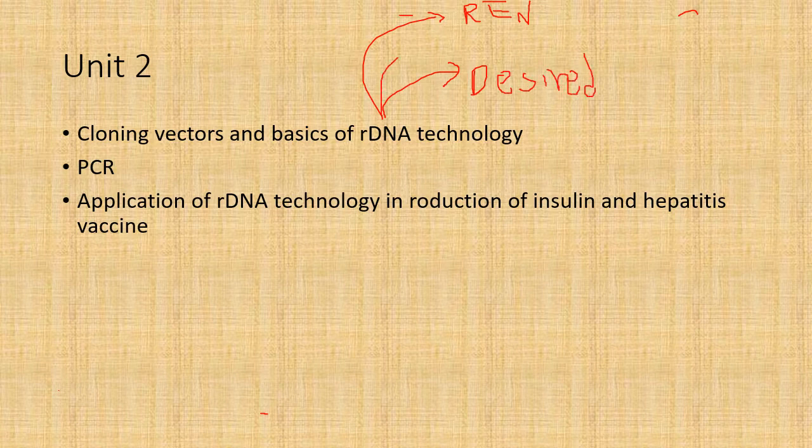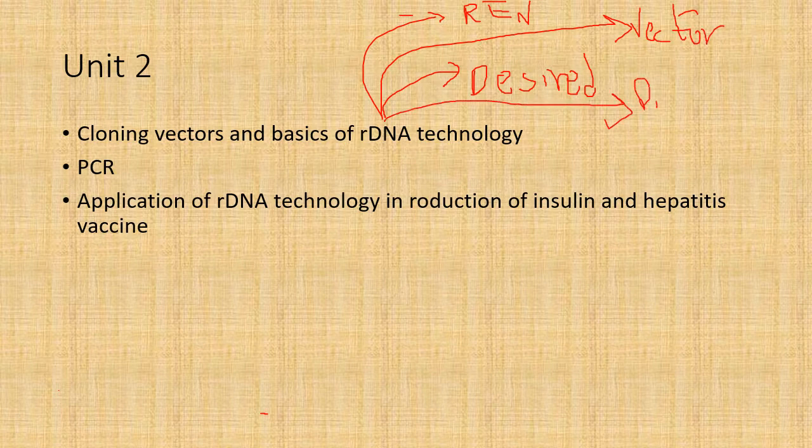Next you need a vector, and the most important, a DNA ligase. A DNA ligase basically helps in joining, it helps in attachment. A desired gene is basically something that you target for. A vector can be a plasmid, cosmid, or bacteriophage.